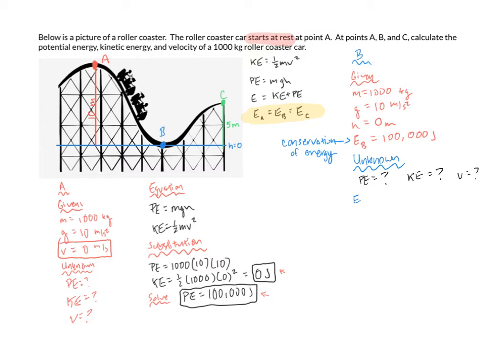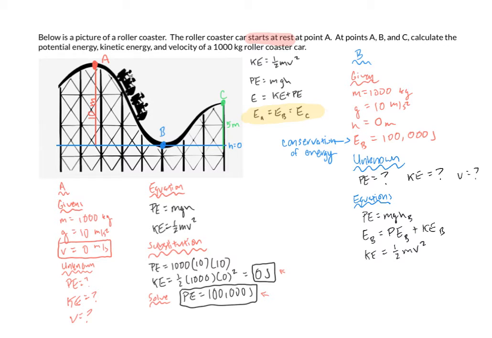So let's write down my equations. I know that PE is equal to mgh. I know that my energy at B is equal to my potential energy at B plus my kinetic energy at B. And I know that my kinetic energy is equal to 1/2 mv squared.